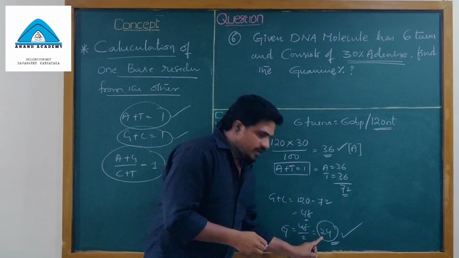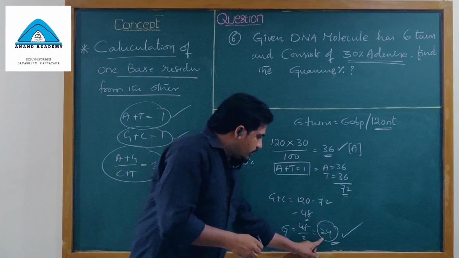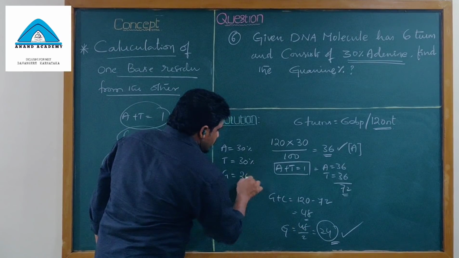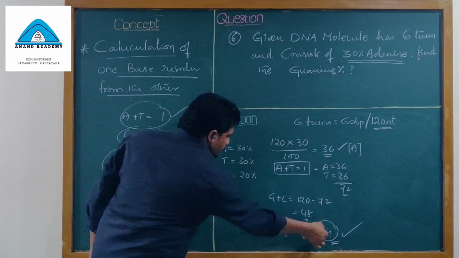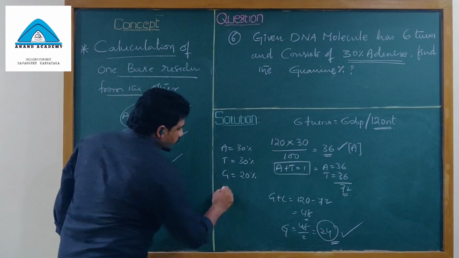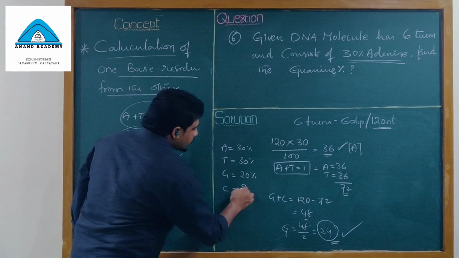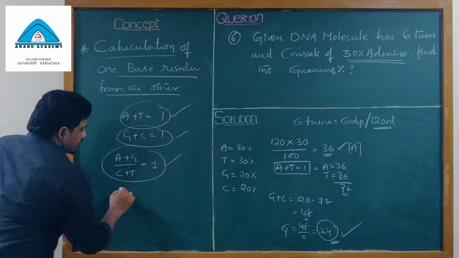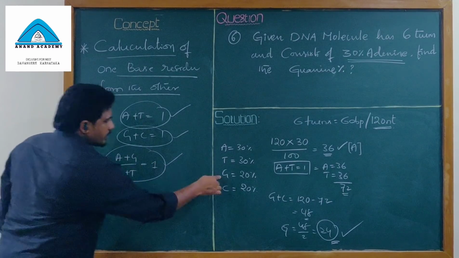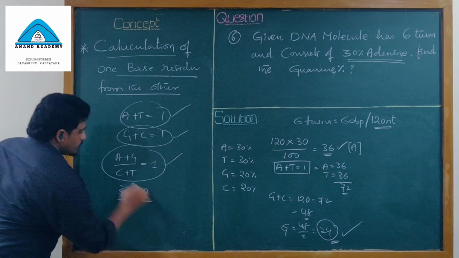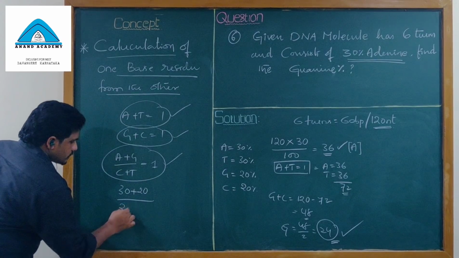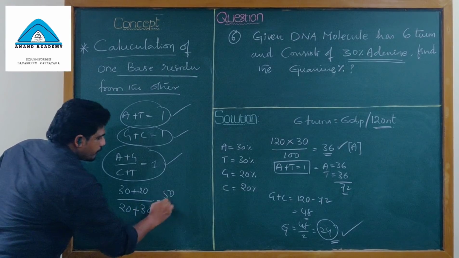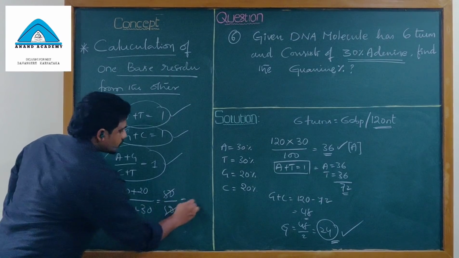G we have found is 24. So out of 120, 24 means about 20%. And if G is equal to 24, C is also 24. 24 in number, 20 is percentage. So A 30%, G 20%, C 20%, T 30%. Therefore 50 by 50 is equal to 1.